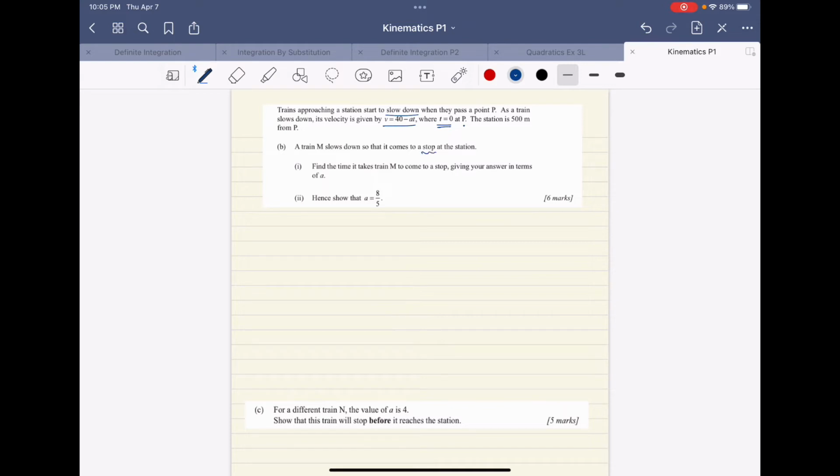Stop means what? Velocity becomes 0. Find the time it takes train M to come to stop, giving your answer in terms of a.